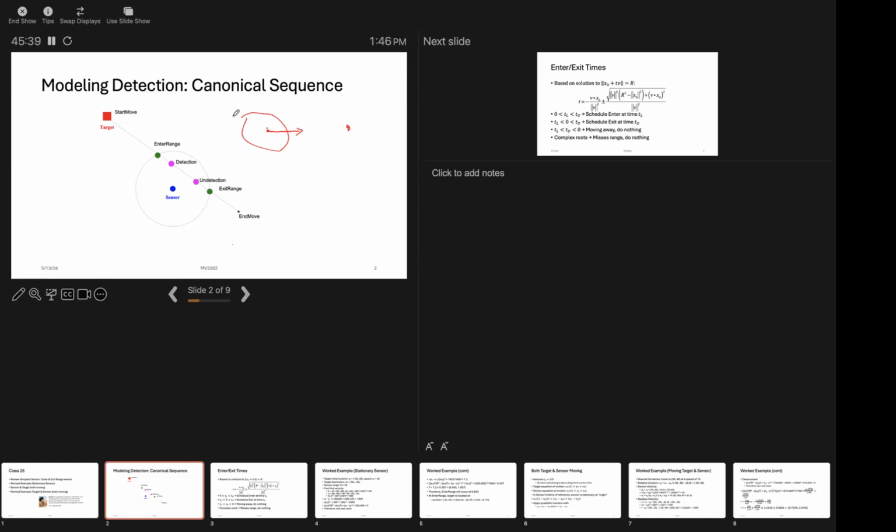So let's say I have a 50-50 chance of detecting something, and let's assume they're independent, just to make it simple. You're basically flipping a coin every second, and if it comes up heads, you detect it. So I'm flipping until I get a heads.